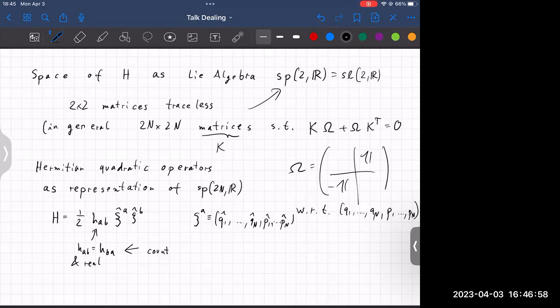Well, it's n times 2n plus 1 independent entries. That also agrees with the dimension, namely the dimension of the symplectic algebra sp2nR is equal to n times 2n plus 1.